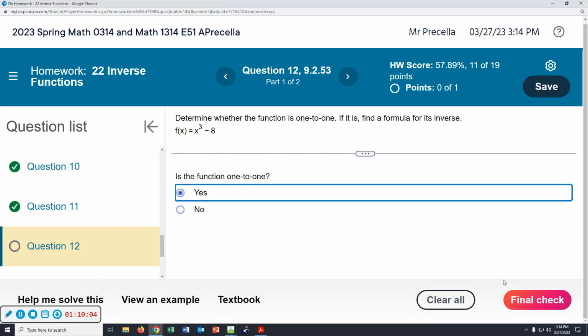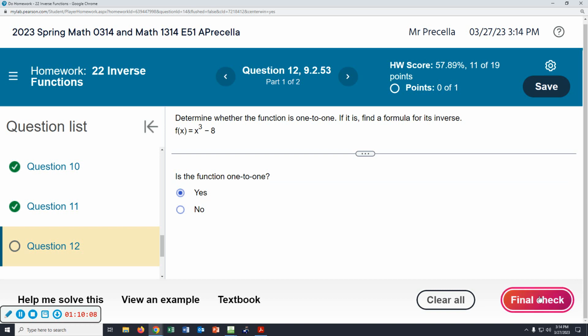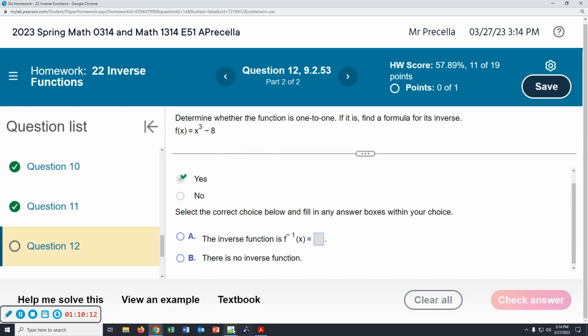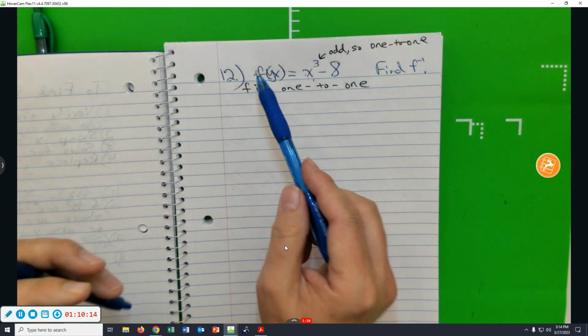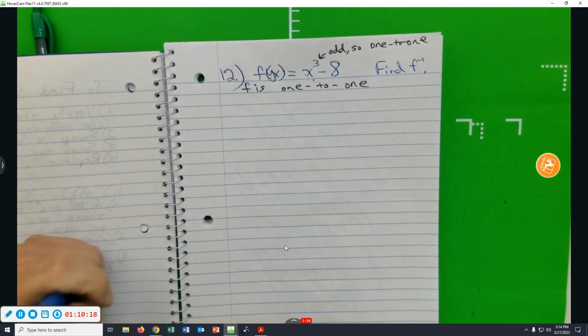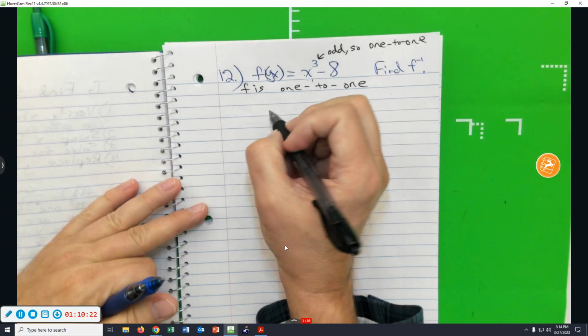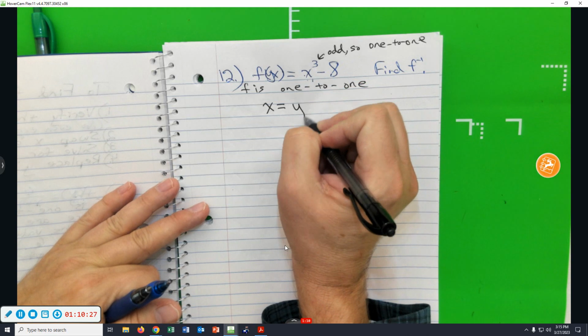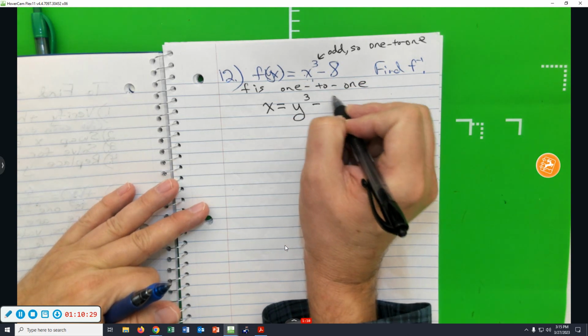Okay, wait a minute. You're saying f of x is just a fancy way of saying which variable? That's y. So we're going to replace the f of x with y, and then the x becomes a y, so you have y cubed minus 8.